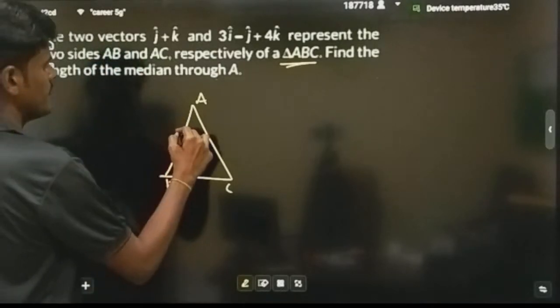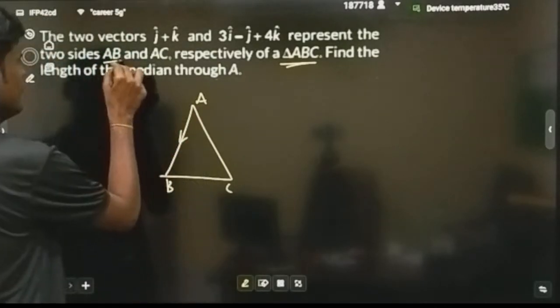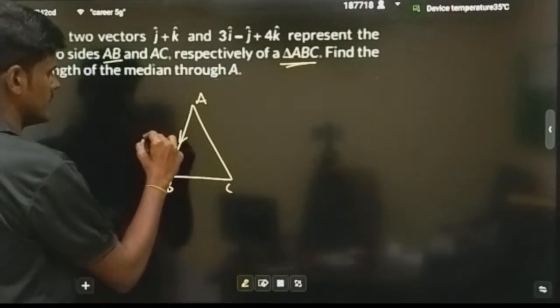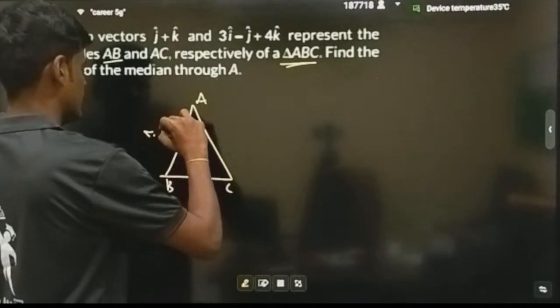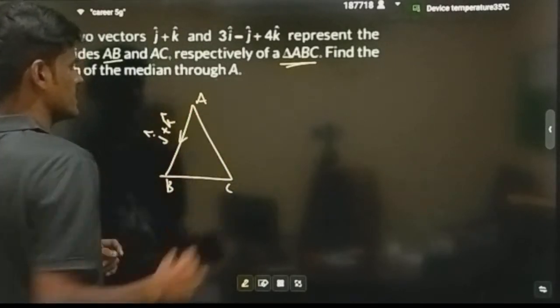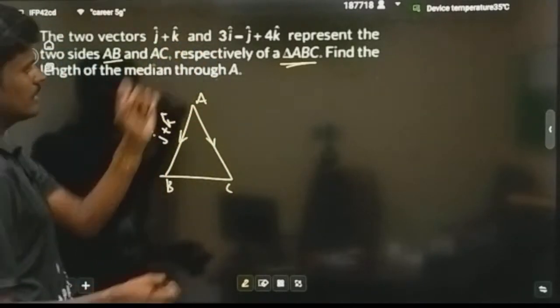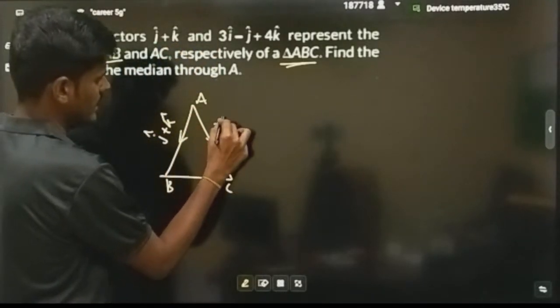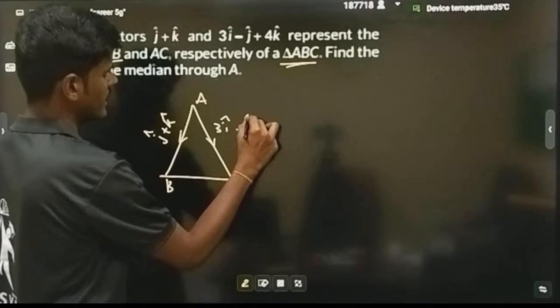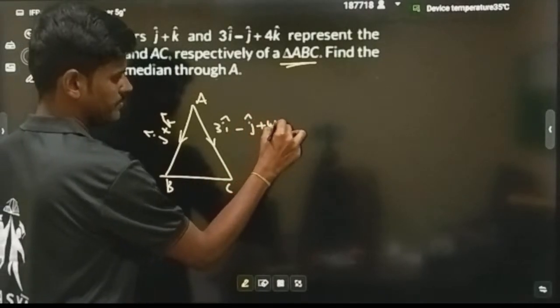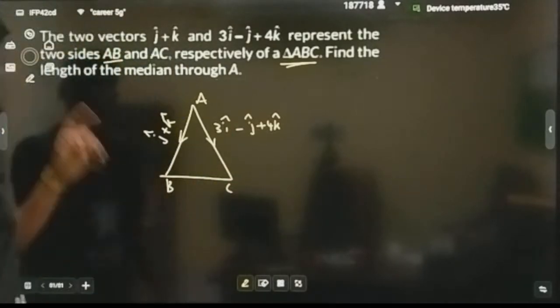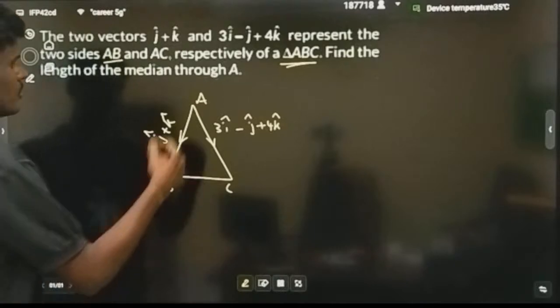Two vectors: j plus k, that is AB vector. AB vector is j cap plus k cap, and the other one is AC, which is 3i cap minus j cap plus 4k cap. Find the length of the median through A.